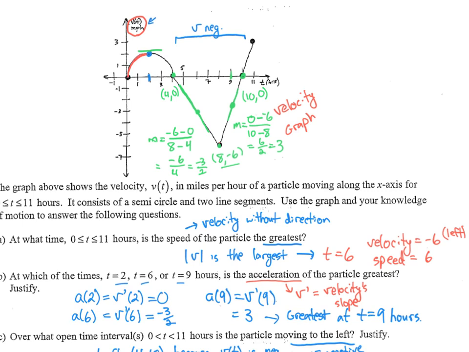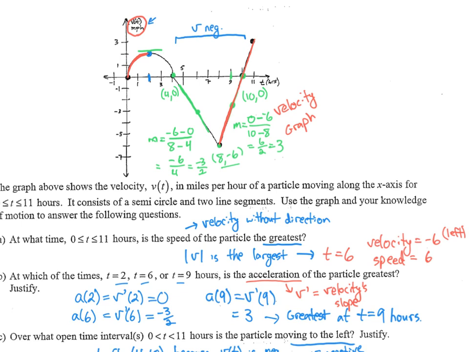The slope of velocity is positive over that time interval. And the slope of velocity is also positive, looks like from 8 all the way to 11. So the slope of velocity is positive, means that velocity is increasing.